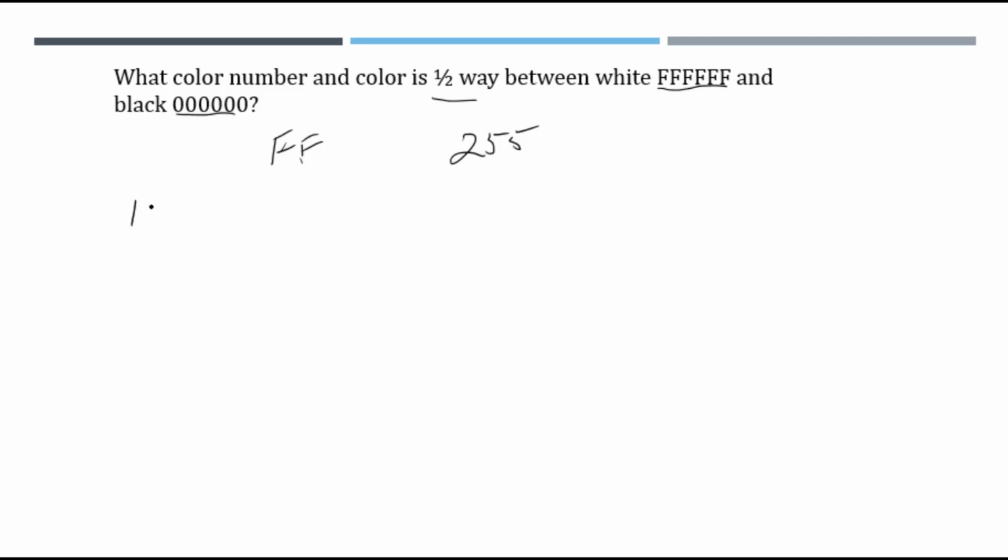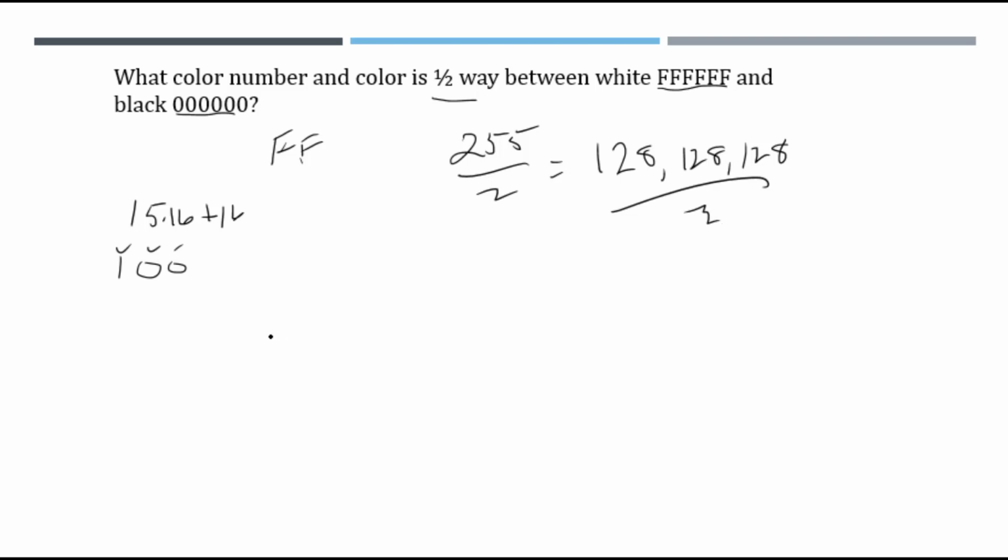Well, 15 sixteens plus 15. I know that 256 is 100 in base 16, so this is one less than that. So divide that by 2, I get 128 about. So I'm looking for 128, 128, 128.